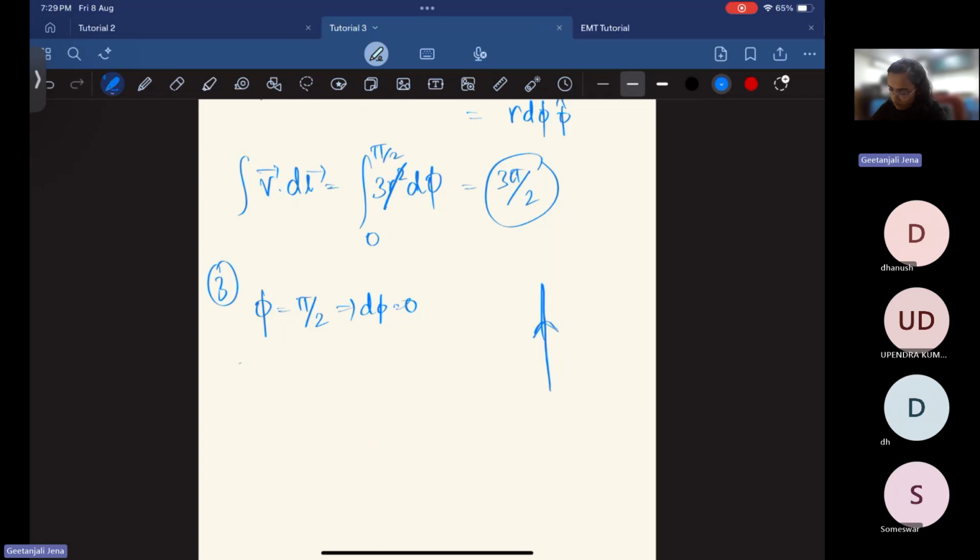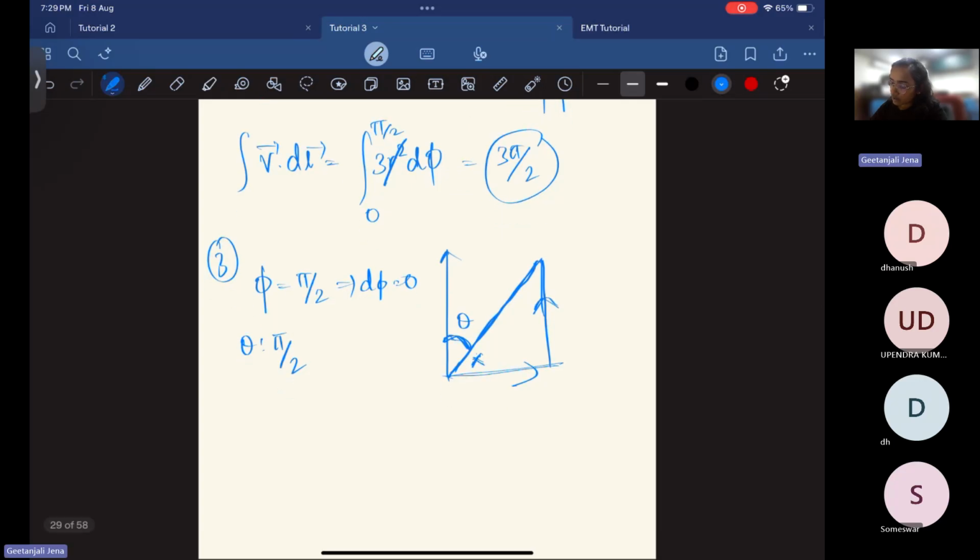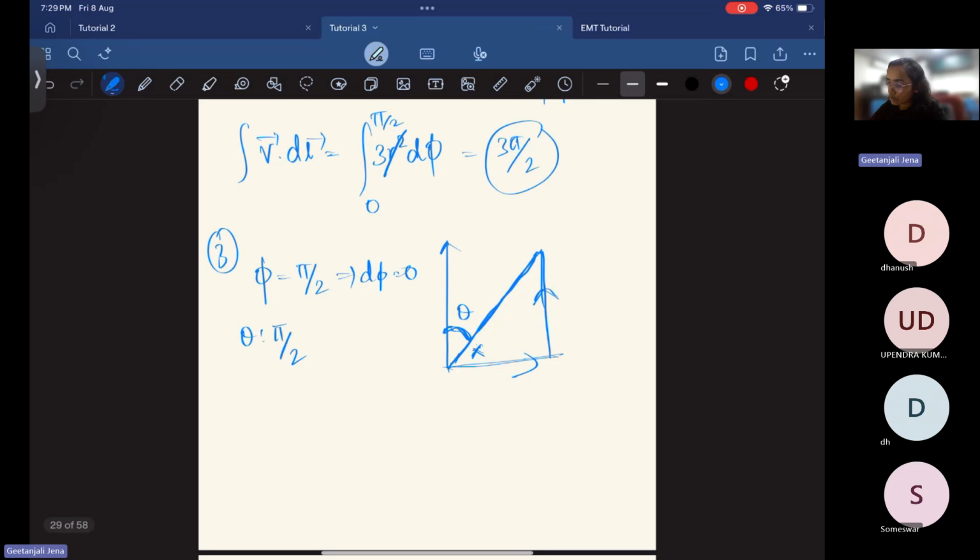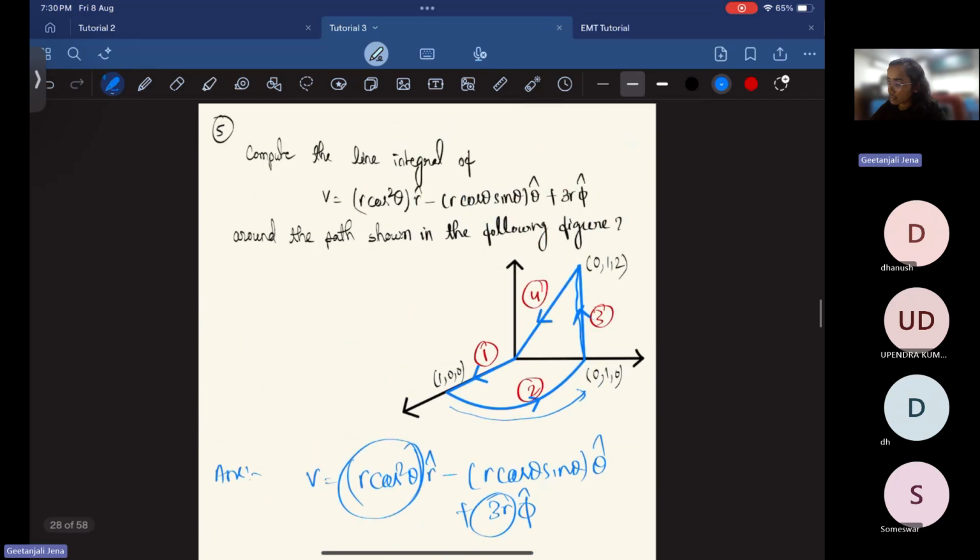But the value of theta is changing from pi by 2, when theta is here. Remember that theta is the angle between this and the r vector. So don't take this angle. Okay. So theta is changing from pi by 2 to this point.